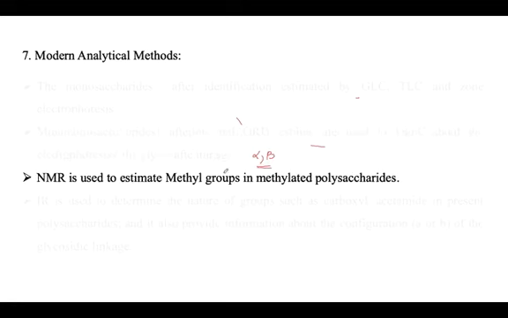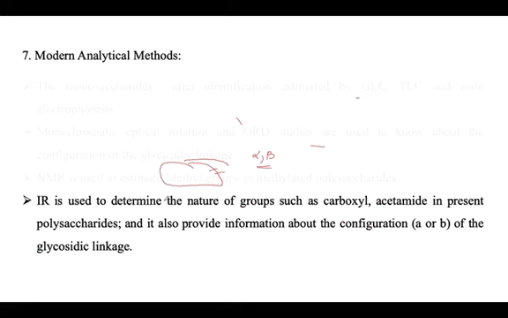Another is NMR. We can use NMR for calculating the methyl groups. When we use the methylation technique, we methylate the polysaccharides and get methylated groups. How many methyl groups there are can be easily obtained from the NMR data. And IR is used to determine the nature of groups, such as whether carboxyl groups or ester groups are present or not.